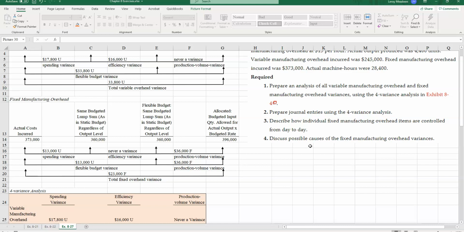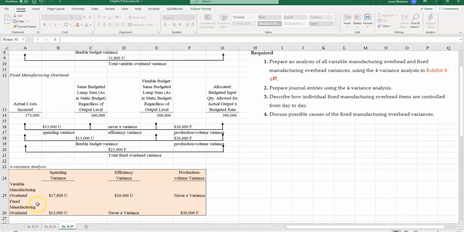We're making more product per machine hour, what have you. So production exceeded expected levels of output, giving us that favorable production volume variance, since our output was greater than we had anticipated. And it was greater than the denominator level used to allocate overhead, which was 4,000 machine hours, and we actually had 4,400 units of output produced during the year.